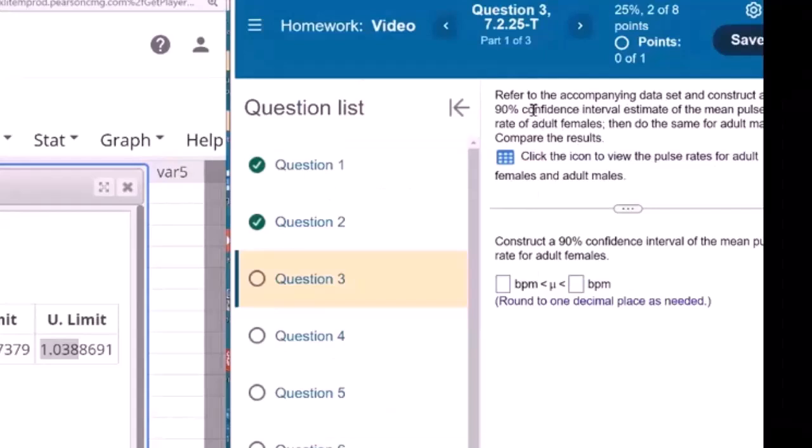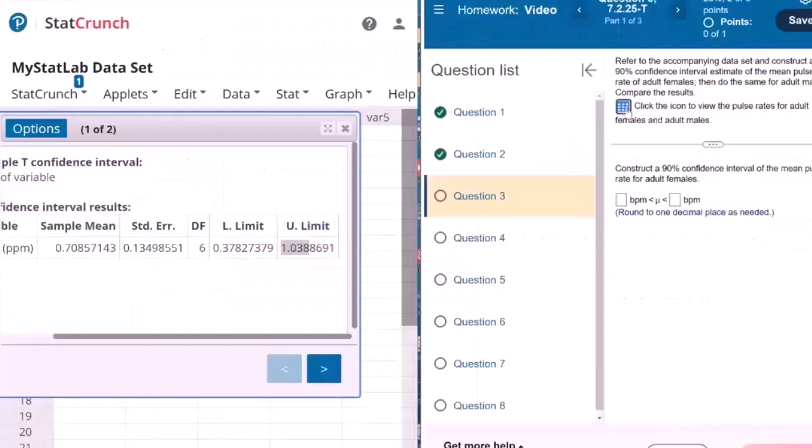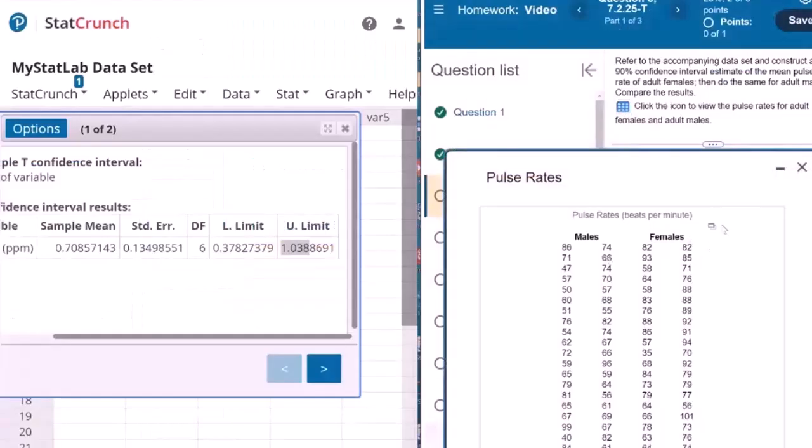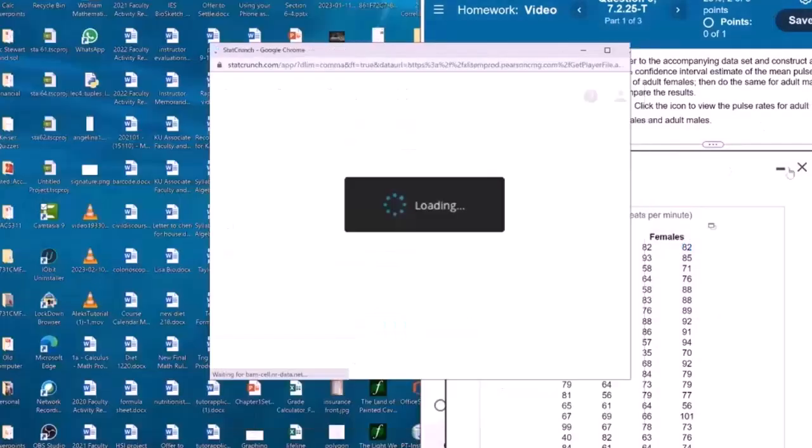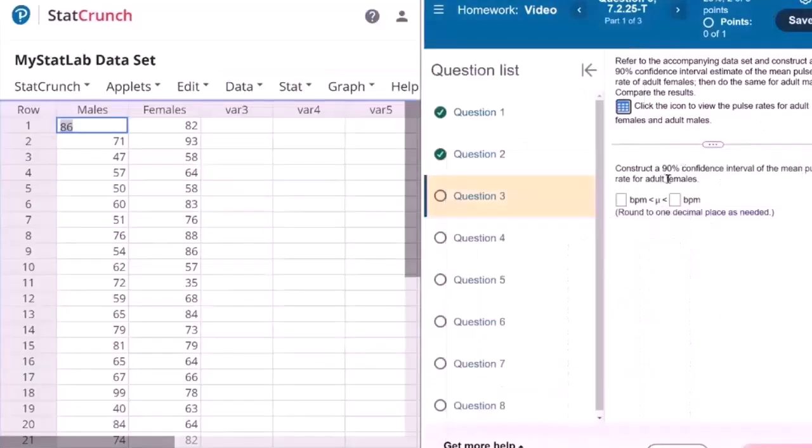Refer to the accompanying data set and construct a 90% confidence interval estimate of the mean pulse rate of adult females. Then do the same for adult males. Compare the results. We have males and females. I'm going to open StatCrunch with the data that they're giving me. Construct a 90% confidence interval of the mean pulse rate for adult females. Again, let's look and see if we have the requirements for a T or a Z score.